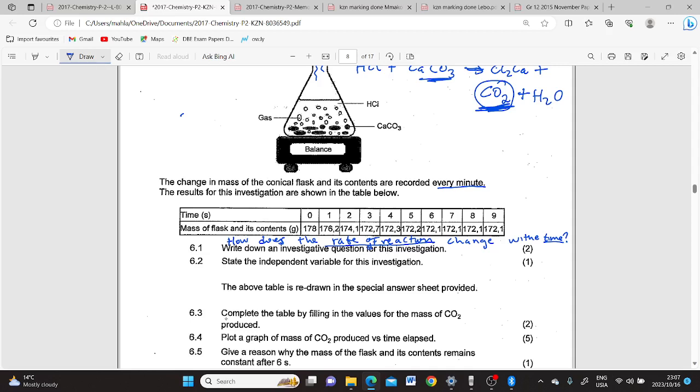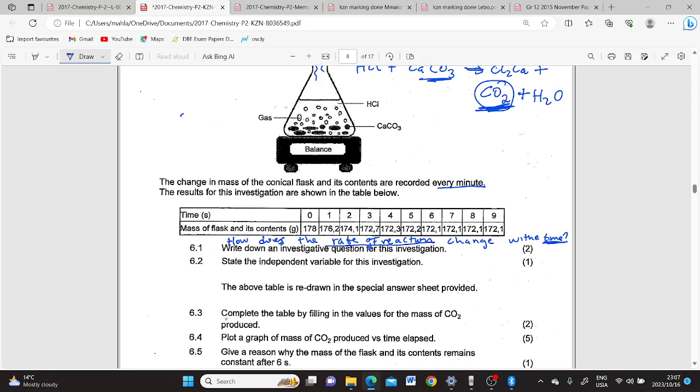In this case, it's kind of not mentioned, because the mass is not one of the factors unless we say the surface area. So that's why we have time here. But of course, when you say the mass changes, it will affect the rate of reaction.